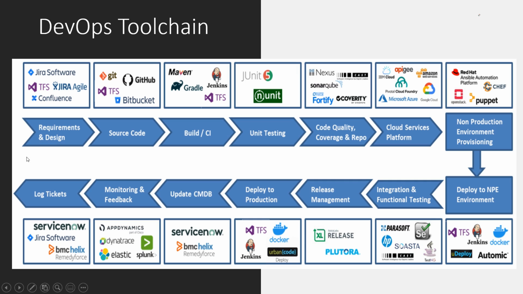But all these tools are part of stages. Every stage requires tools. If you work on the requirement stage, there is Jira, Jira Agile and Confluence. These are the stages of a project where you will come across these tools, and whichever tool you feel comfortable working on, you will work on.